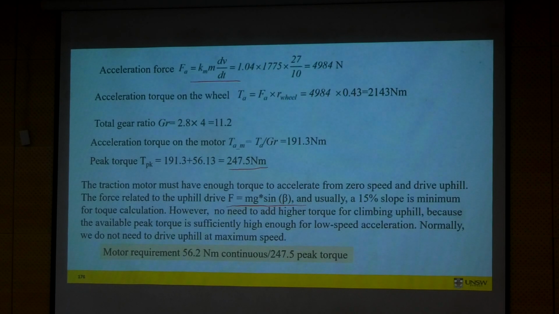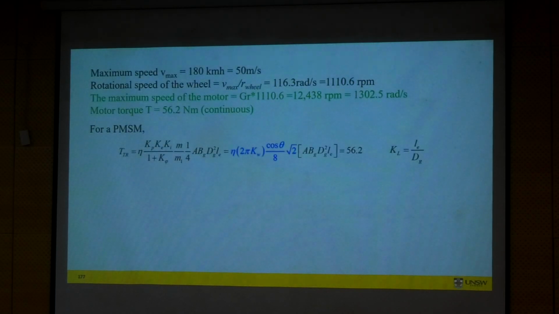So once we have this torque and power found, the next step is our sizing equation. This part I have left for you to try out. We calculated the force, and you try to see whether you will be able to estimate what D squared L e is for this particular machine or motor. You can even use that as an example case for your finite element.